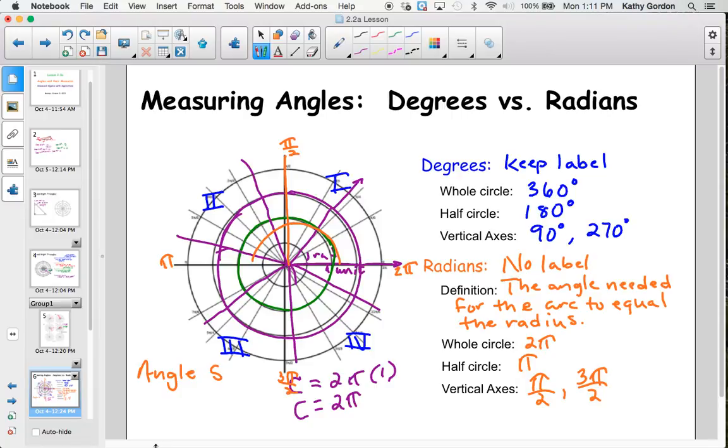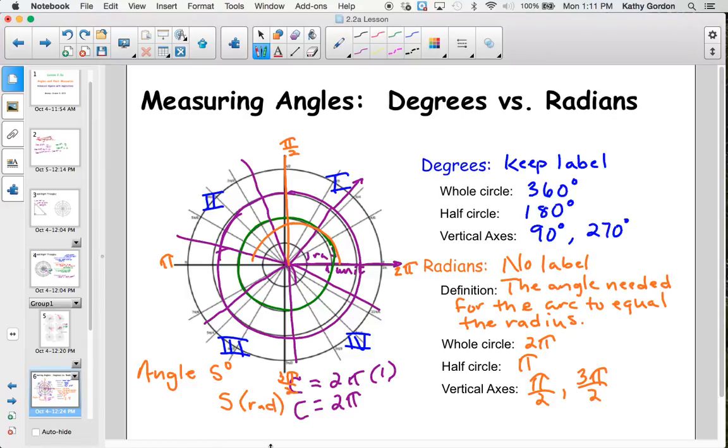Yes, exactly. 5 degrees has to have the degree sign behind it, which means that anytime you are writing an answer that is meant to be a degree answer, you must include the degree sign. Because if you just say 5 with no label behind it, what you really mean is radians.